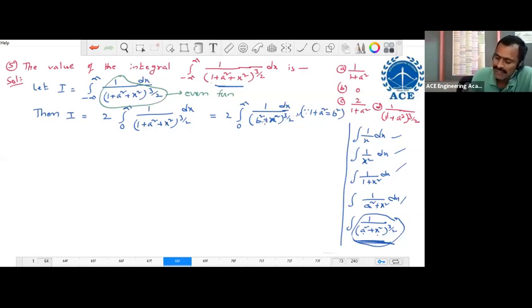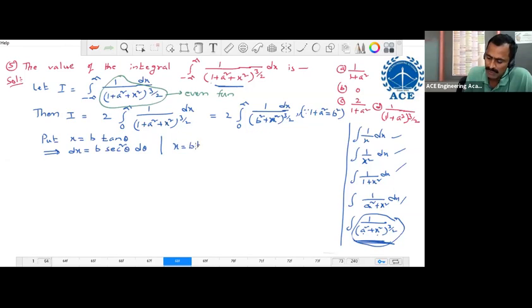So let us take x equal to b tan theta. Put x equal to b tan theta, which implies dx equals b into secant square theta d theta. Now the limits: from x equal to b tan theta, we write the limits of the new variable. The old variable limits are 0 to infinity.